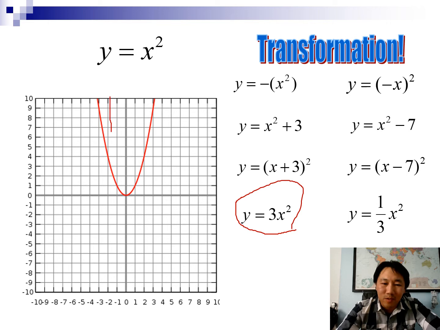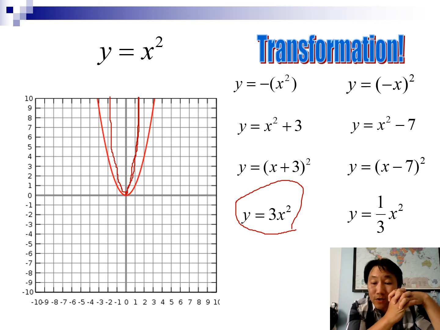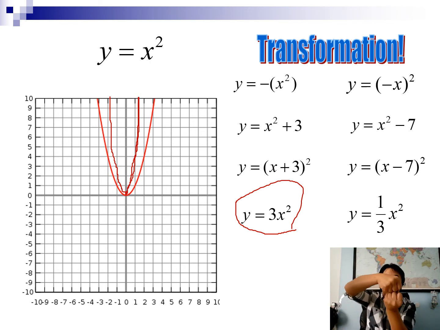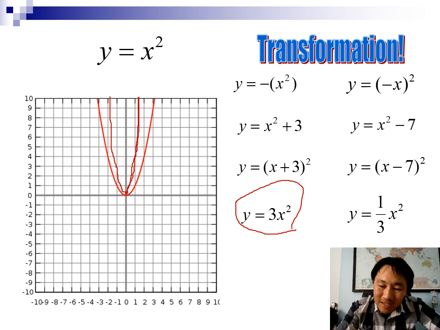It would be the same starting point, but it's just skinnier. The mathematical term for being skinny is vertically stretched. If you think of it as a rubber band and you vertically stretch it, what happens to the rubber band? It becomes really skinny. And so the mathematical term for skinny is vertically stretched.